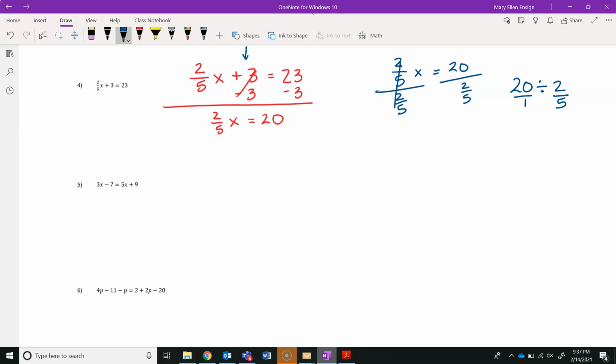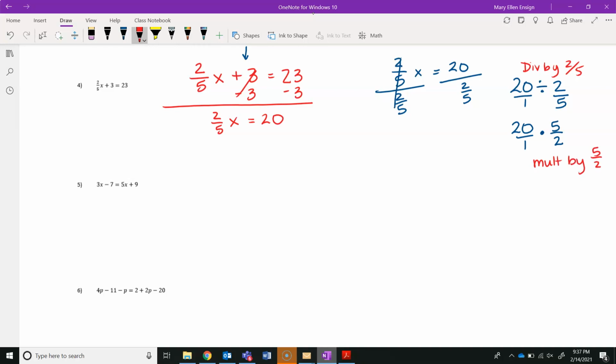Well, when I have fractions being divided, I always keep, change, flip, right? That's how I work with fractions to divide them. I change it into a multiplication problem. So dividing by 2/5 is the same as multiplying by its reciprocal 5/2.